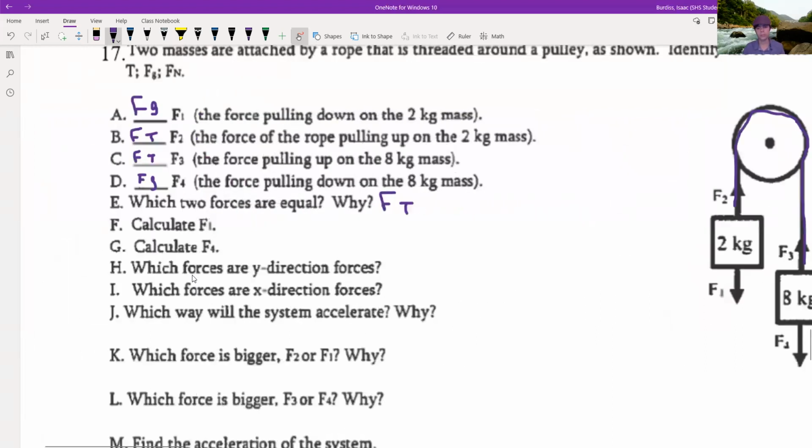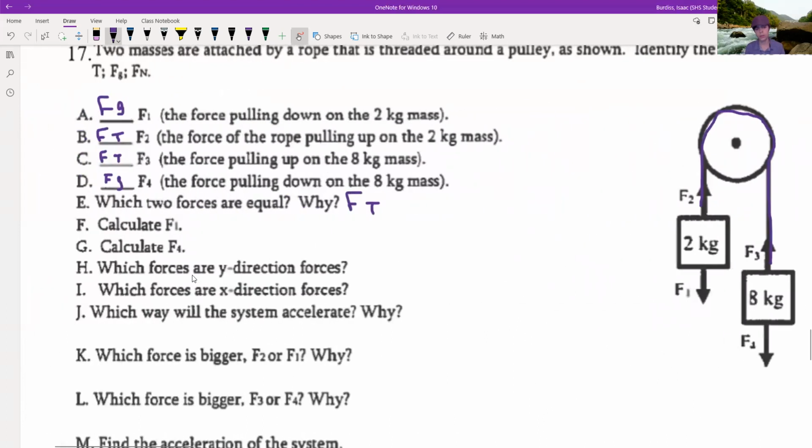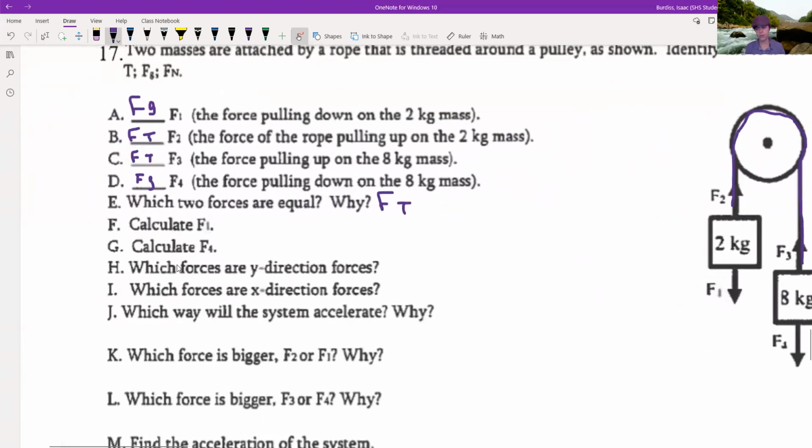Calculate F1. Okay, F1. Well, we're going to have to use some of the forces. Oh wait, never mind. We don't have to do that. We can just say Fg. Fg is always mg, unless it's at an angle, but this is not at an angle. So the same thing for this one. We can just say mg.